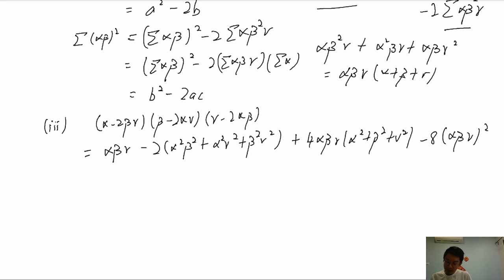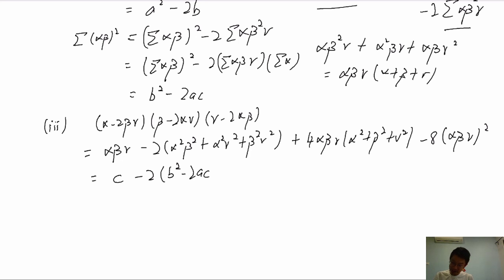So basically, the purpose that they ask us to do this second part is that we use the result from the second part and the first part, and we just substitute everything inside here. As long as we get the correct expression until now, the simplifying work should give us the result.